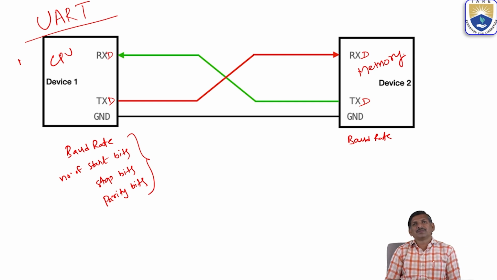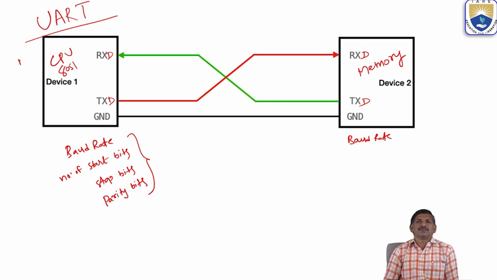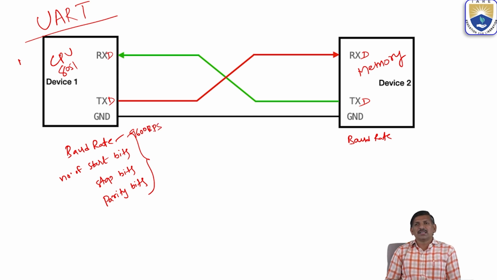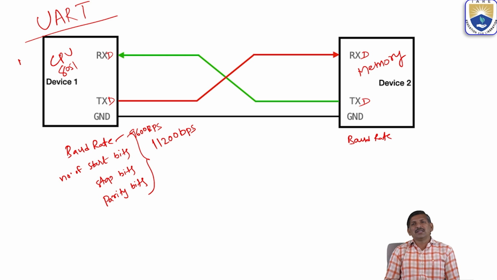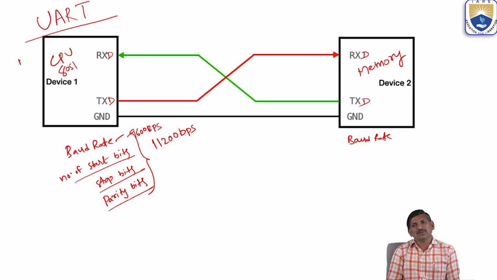Let us consider this is an 8051 and this is some memory device. First set identical settings on both devices. Both should have the same baud rate, 9600 bits per second, or 3600 bits per second, or 11200 bits per second, like that. Both transmitter and receiver should have the same baud rate. Next, start bit: it contains one start bit, one stop bit, and parity bits.